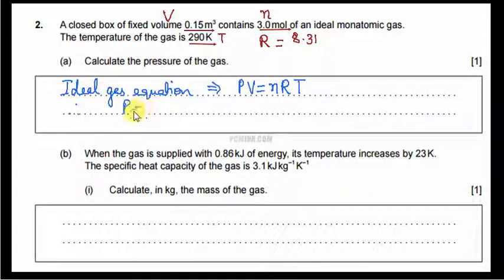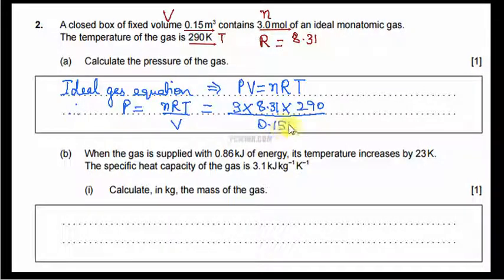P can be calculated as nRT upon V, and just plug in the values for N as 3, R as 8.31, T as 290 Kelvin, and this whole thing divided by volume, that is 0.15 meter cube, and solving you're going to get 48,000 Pascal, or we can also write it as 48 kilopascal. So that's the whole thing you have to do here.